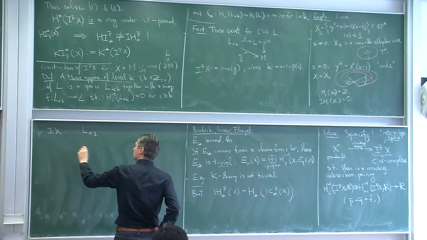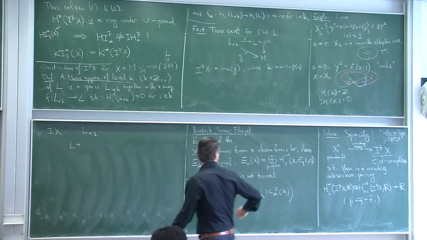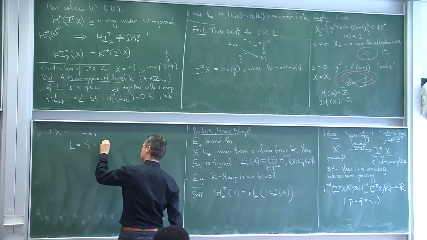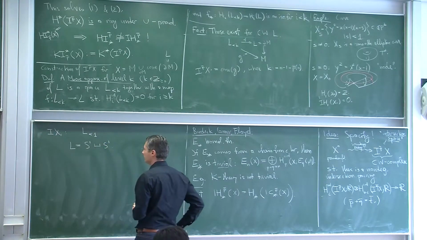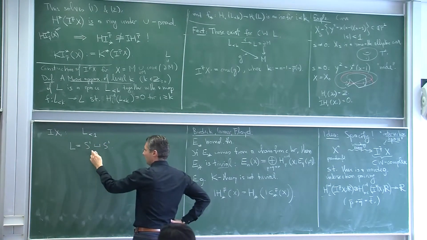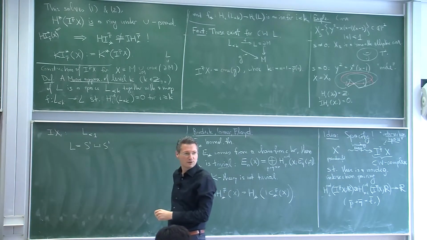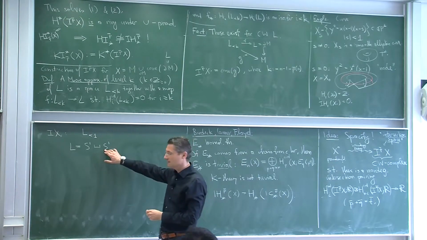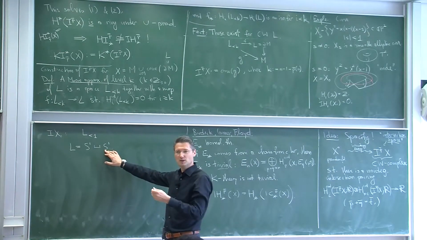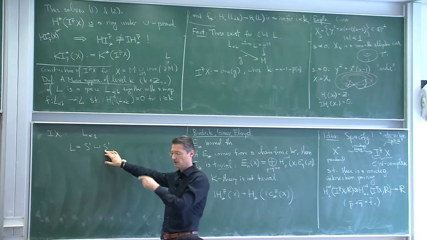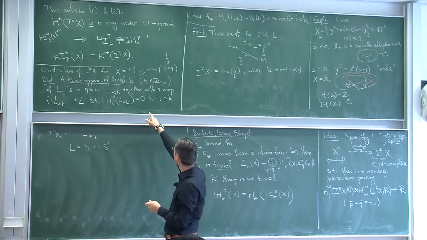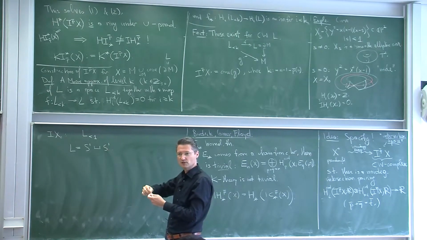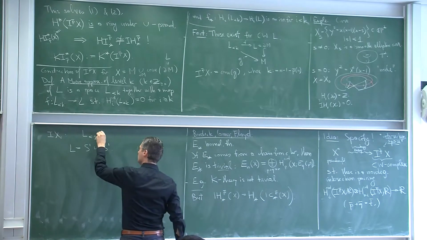But what is L? The link consists of two circles, a disjoint union of two circles. If I have to truncate away the first homology of a circle, I just use a point. If you imagine this as a cell complex, the minimal cell structure is one 0-cell and one 1-cell. To find a Moore approximation, L less than 1, you simply take away the 1-cell, and the 0-cell remains. So it consists of two points.